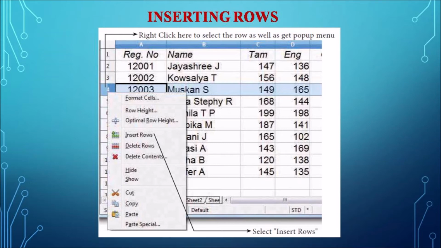Whereas we have seen in column, whenever you insert a new column, it is inserted to the left of the current column. So here whenever we insert a new row, it is inserted just above the current row. And the location of the cell pointer which is currently present is the current row. So a thick rectangular box will be available.